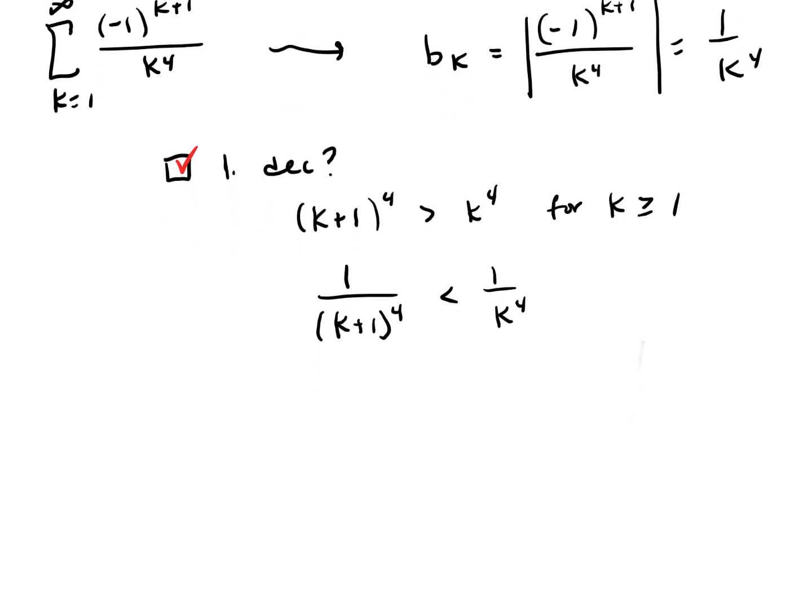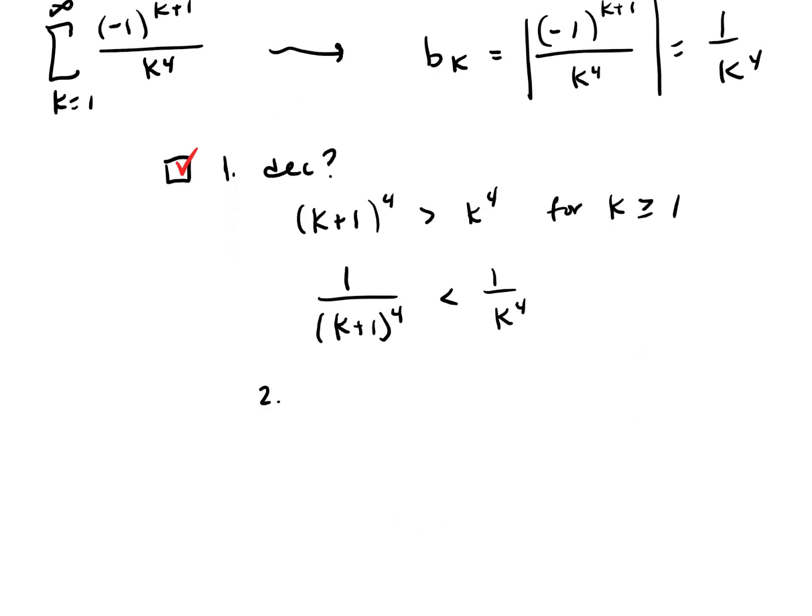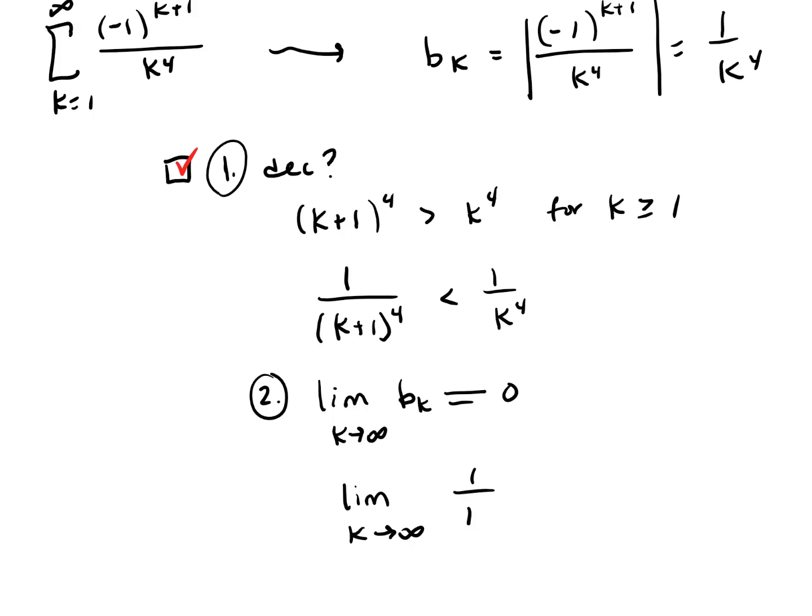The b sub k's are decreasing, and obviously, I'm going to circle these, we also have to show that the limit of b sub k equals 0 as k approaches infinity. And that is also true here. I'll just write it one more time: the limit as k approaches infinity of 1 over k to the 4th definitely goes to 0.